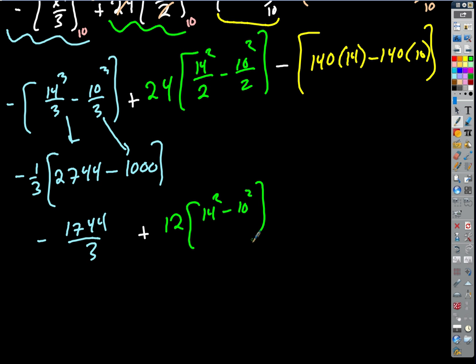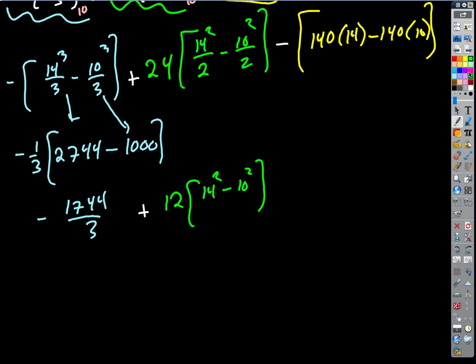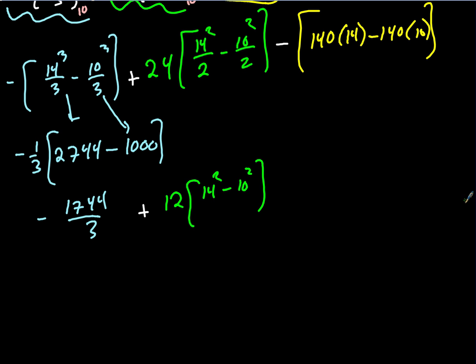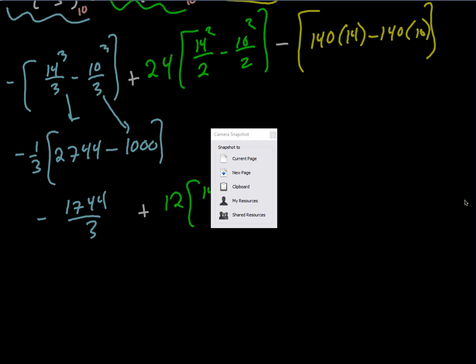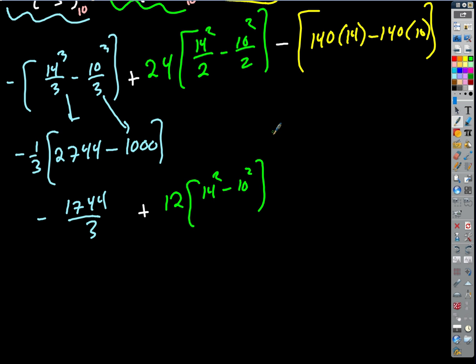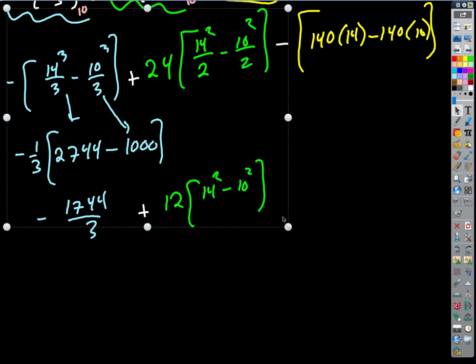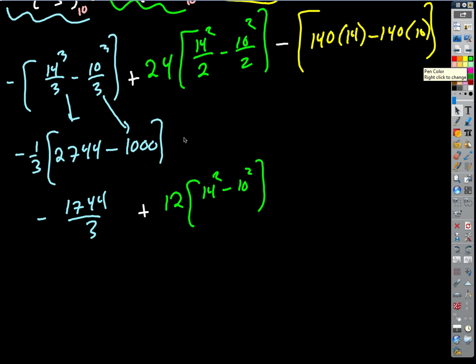So was that 196 minus 100, so I get 12 times 96. I kind of screwed it up. I'm going to have to move down another line.